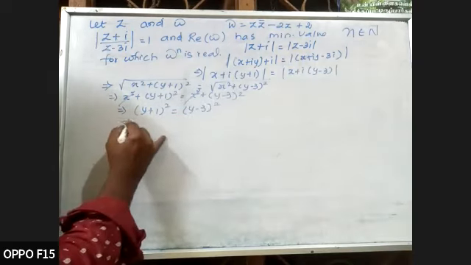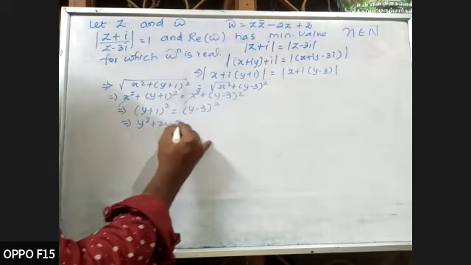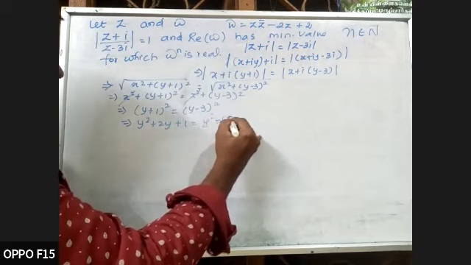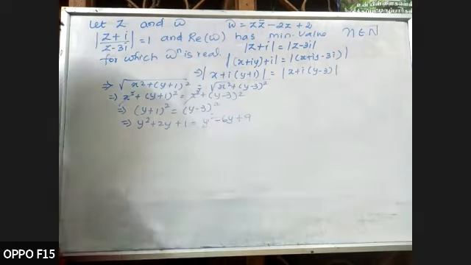Therefore we have Y square plus 2Y plus 1 equals Y square minus 6Y plus 9. So Y square plus 2Y plus 1 is equal to Y square minus 6Y plus 9. Now see what will get cancelled.